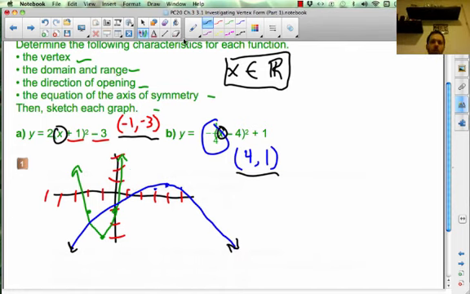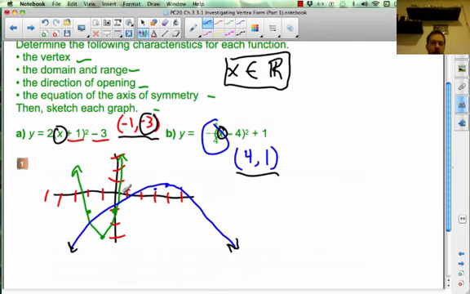The range for both of these are going to be different, because the range are all the y values that the graphs will touch. So notice that our first graph, the vertex started at a y value of -3, and then it went up from there. That means the graph will never dip below -3.